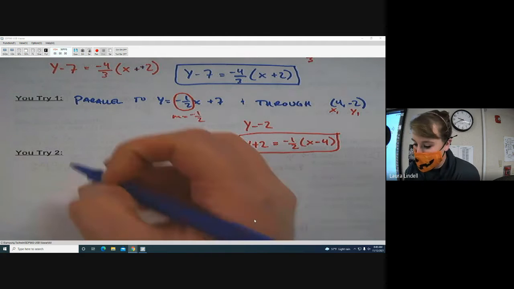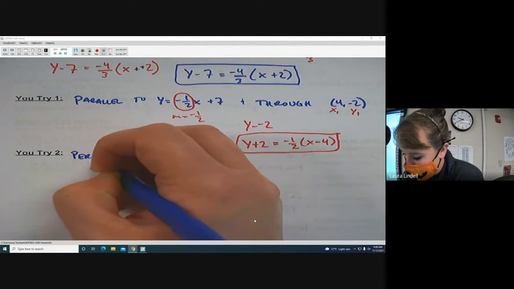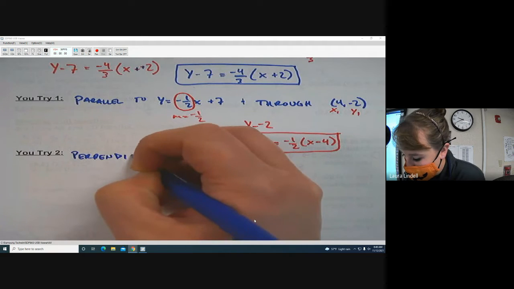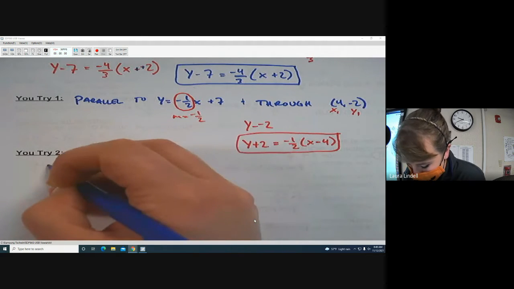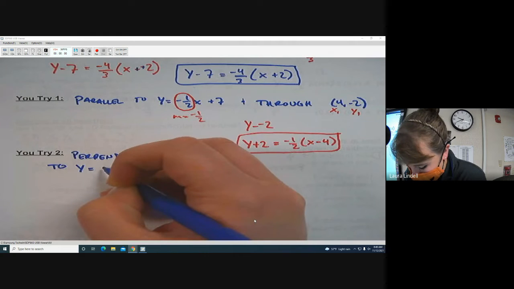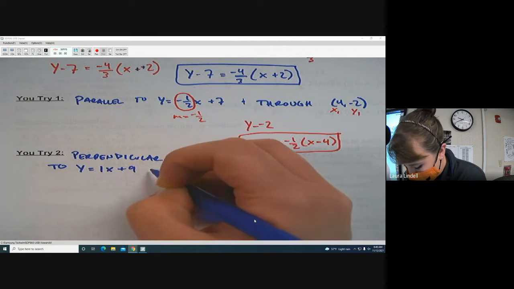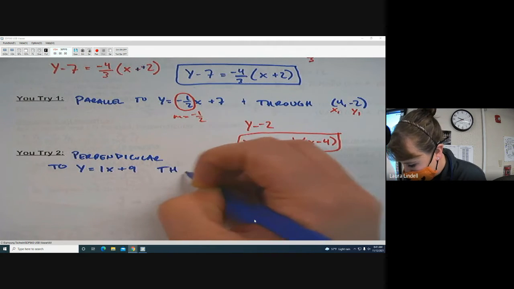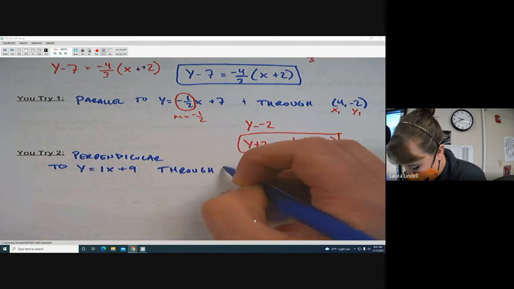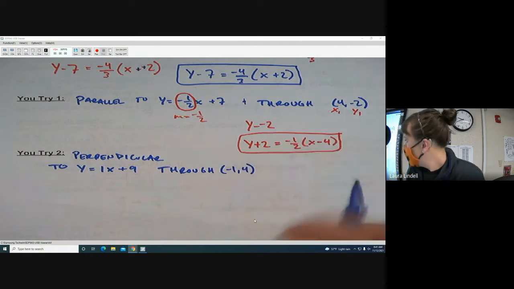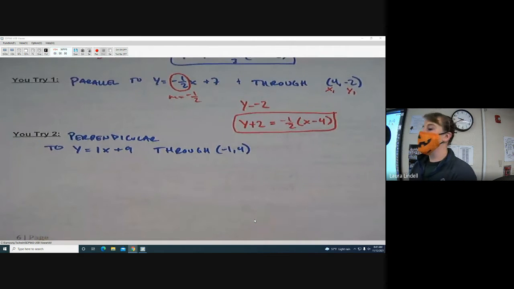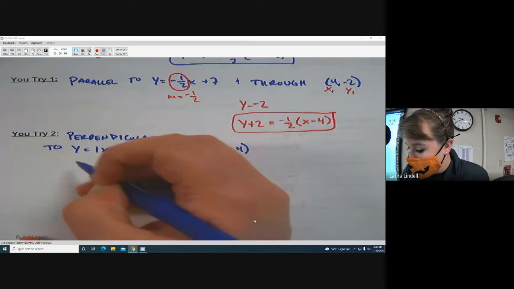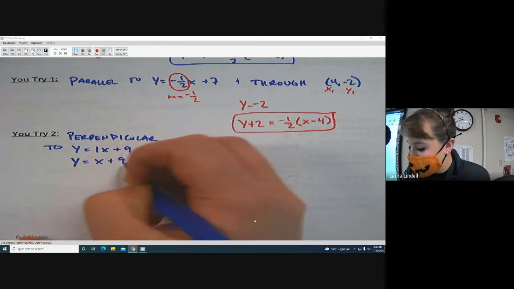This time we're going to go perpendicular. All right, paying attention. If you see something like y equals 1x plus 9 or y equals x plus 9, that's the same thing.